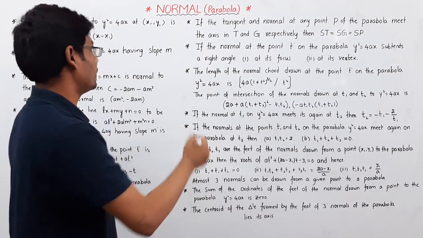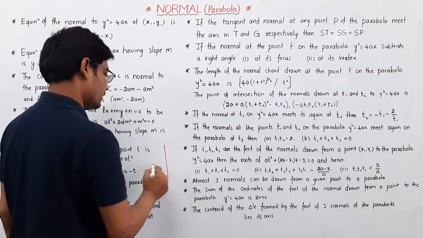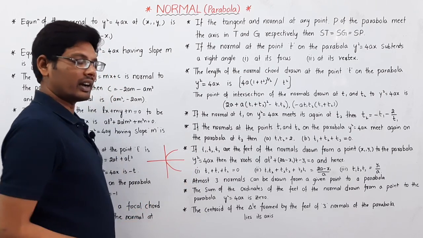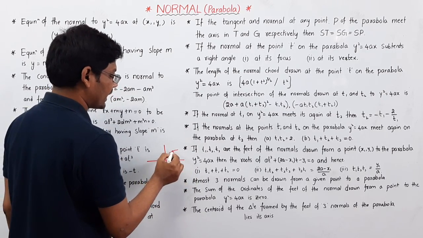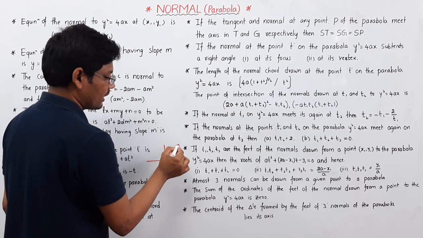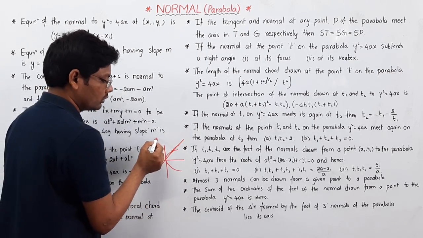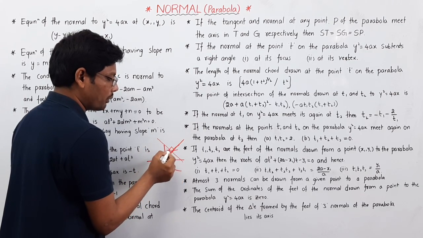For example, if you take any parabola, and for this parabola I am taking a tangent, for this tangent, a line perpendicular to the tangent at the point of contact.